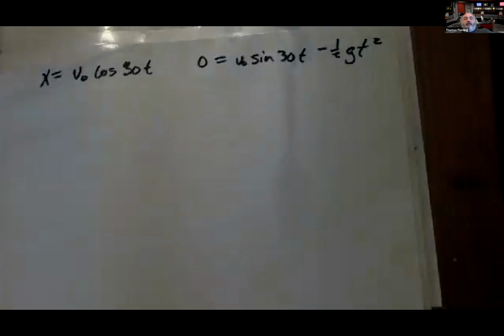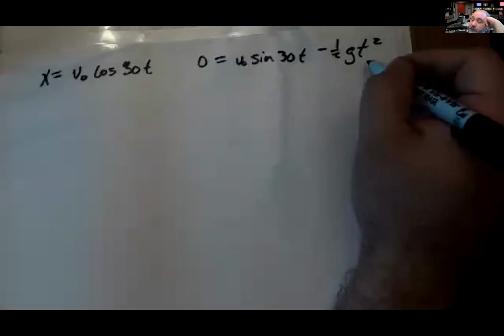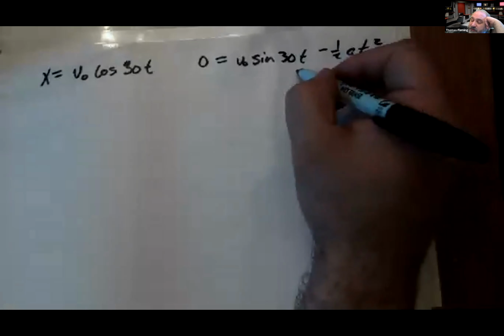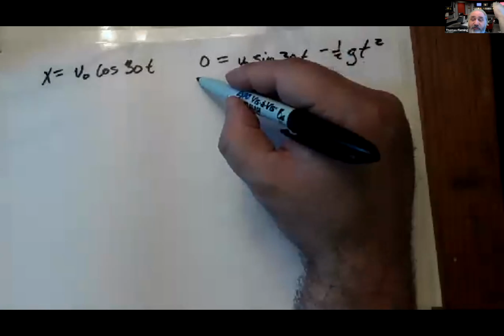If I'm looking for how to solve these two things simultaneously, the thing that I need to eliminate is t. So I'm going to take one of the equations, and it doesn't especially matter which one, and solve that equation for t. I'm going to look at this one over here. First thing I notice is that there's a t here and a t there. If I divide everything by t, 0 divided by t is still 0.